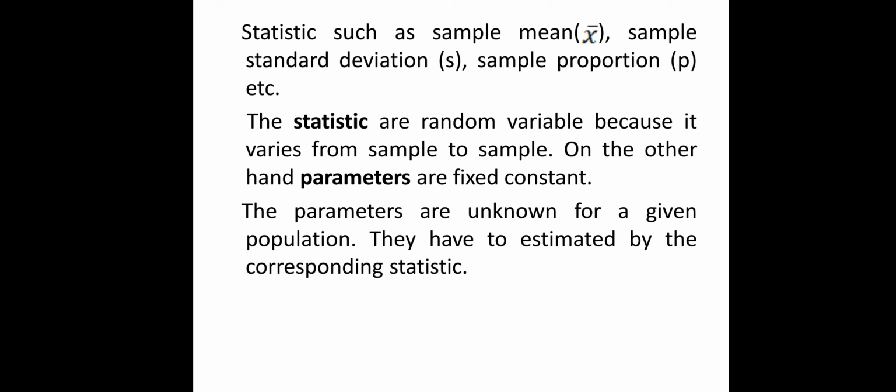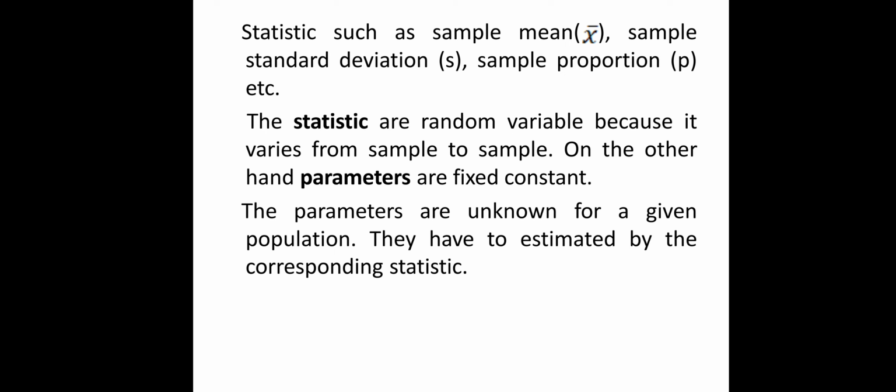This is very logical to understand: when a person draws a sample from a particular population, his sample mean will be somewhat different from that of another person drawing a sample from the same population.